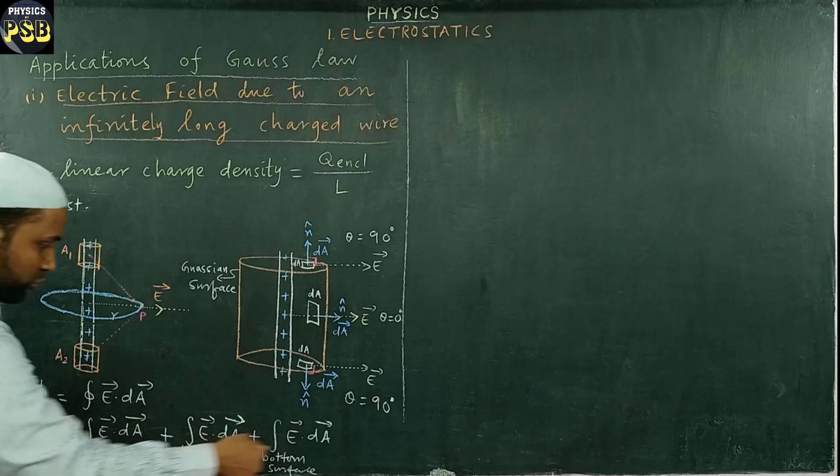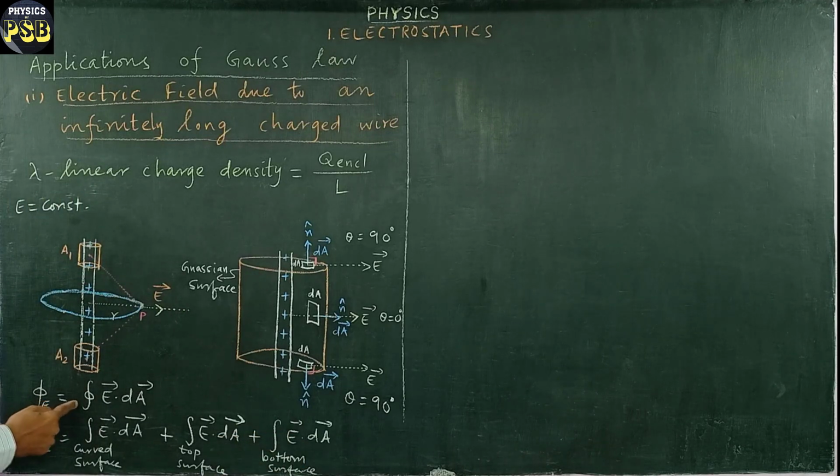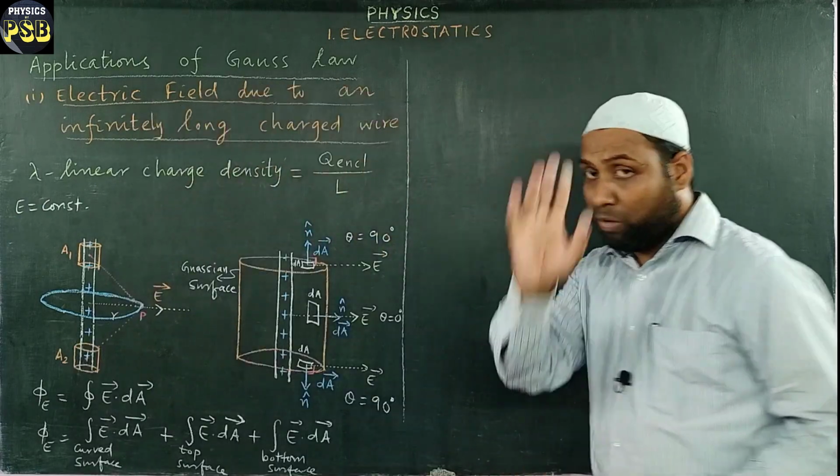The sum of these three provides us the closed integral of E vector dot dA vector, which in turn gives us the electric flux. Now, we know one thing.